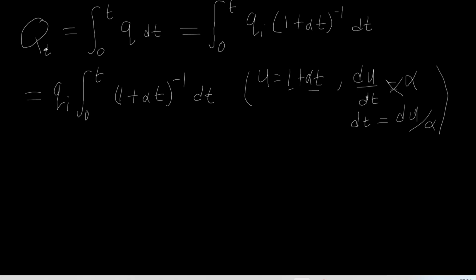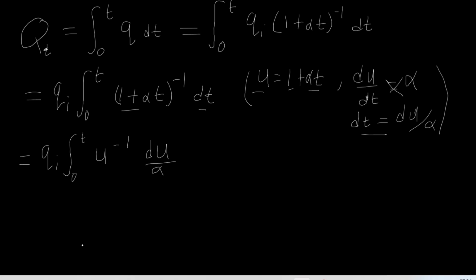Substituting, we have qi times the integral from 0 to t of u, replacing this value with u like we did here, raised to minus 1, du, also replacing dt with du over alpha.